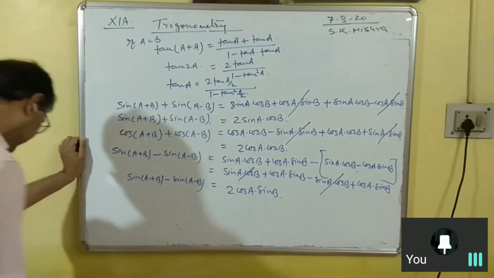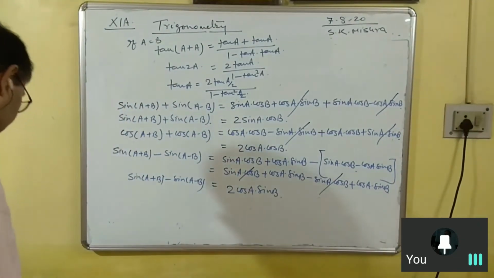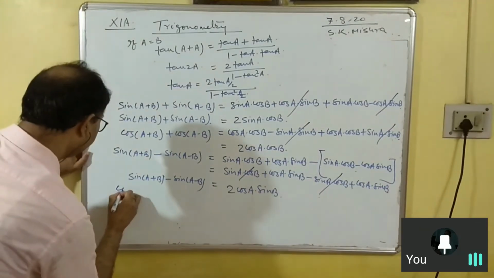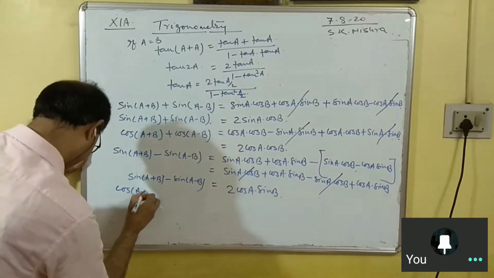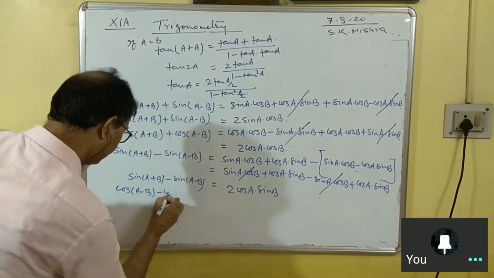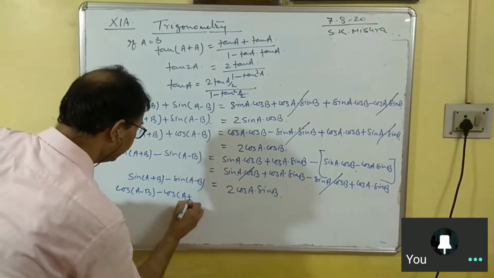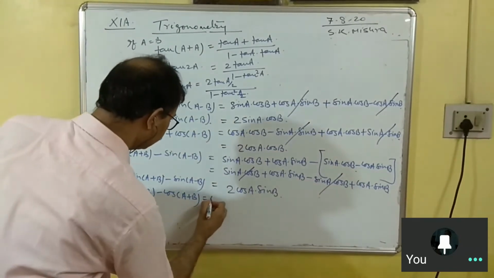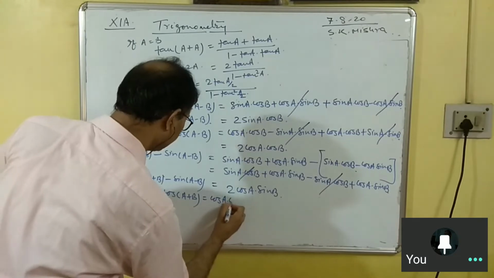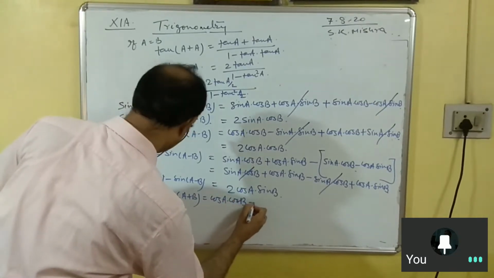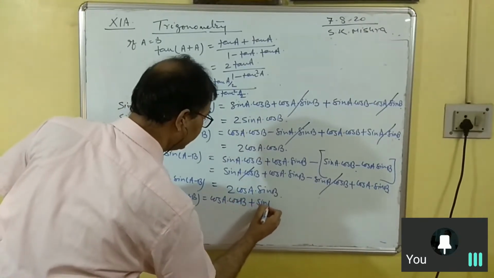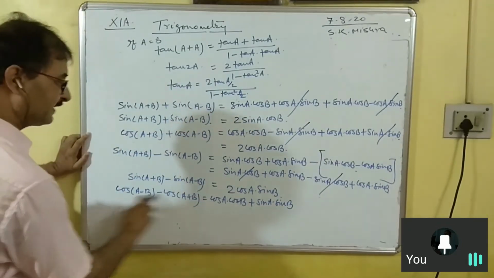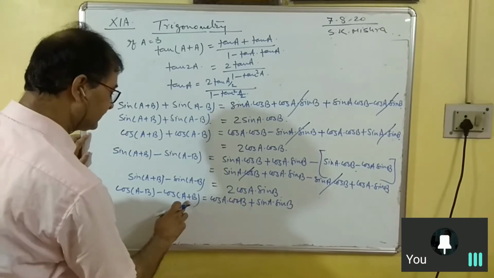Similarly, you can write the formula for cos A minus B minus cos A plus B. How will you expand it? This is cos A cos B plus sin A sin B. Remember, if it is minus then it will be plus, and if it is plus then it will be minus.